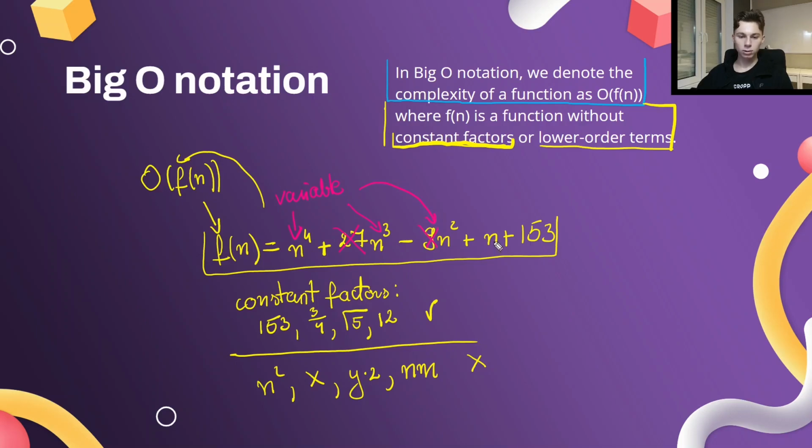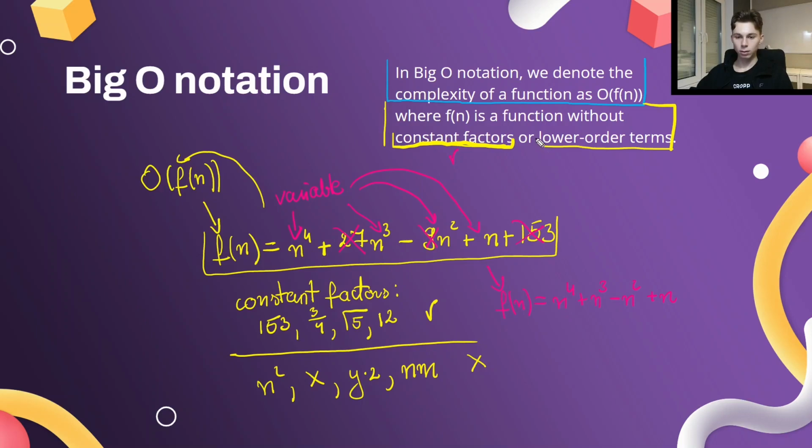Is n a constant? No. It's a variable. Is 153 a constant? Yes, it is. So we erase it. Now, after all of these operations, our function f of n will look like this. N to the power of 4 plus n to the power of 3 minus n to the power of 2 plus n. Now we understand constant factors.